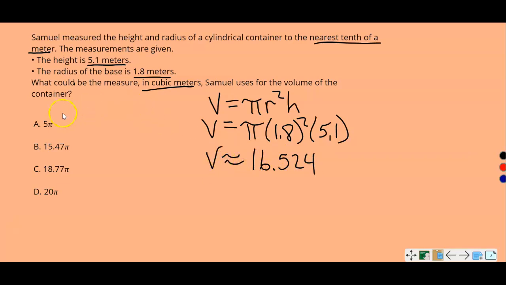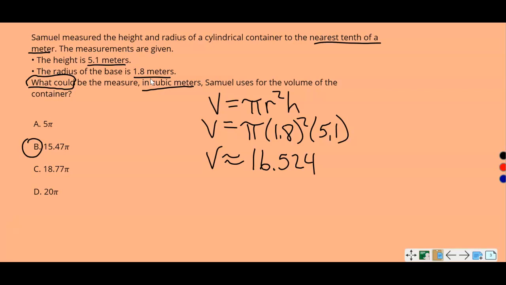All right, so if we look at the answers here, we can see that B is the closest. It says what could be the measurement. If you think about these numbers here, these numbers have been rounded to the nearest tenth, which means there is a range of answers that it could possibly be.